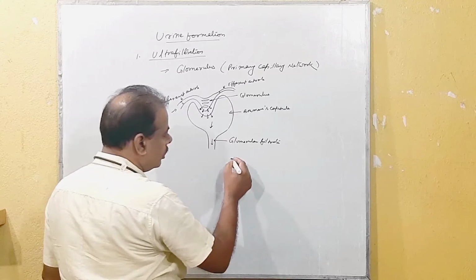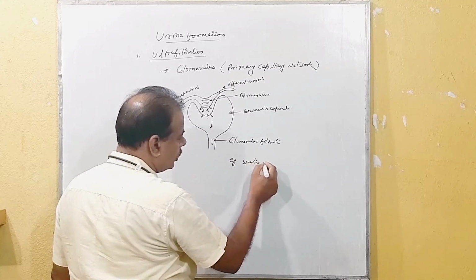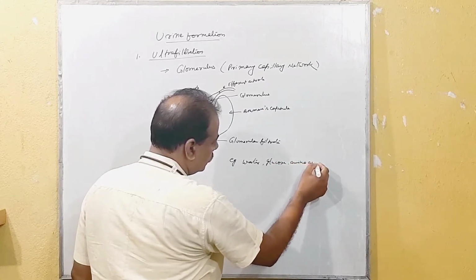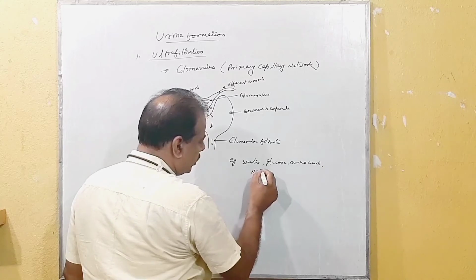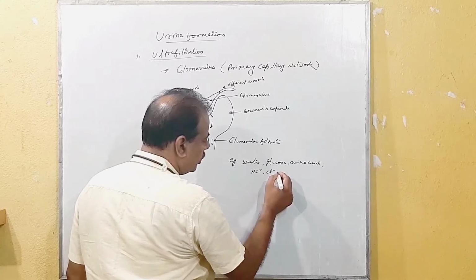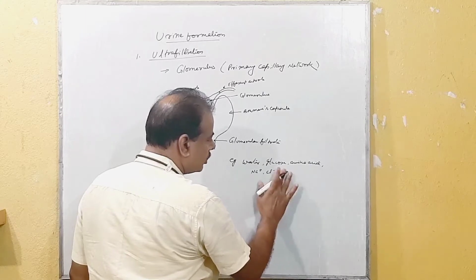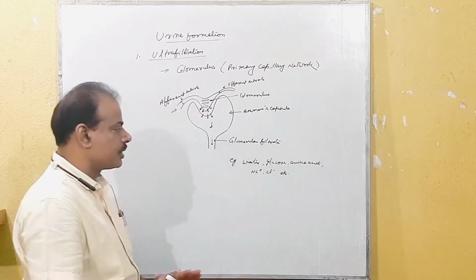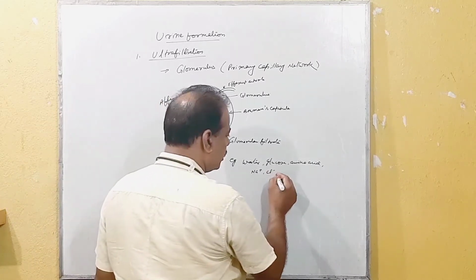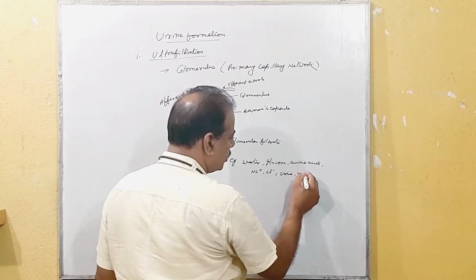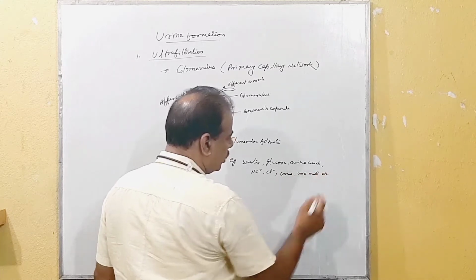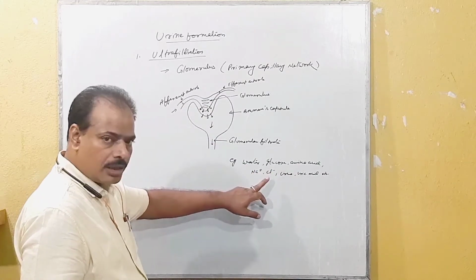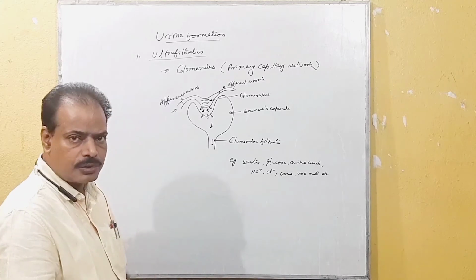For example, here it contains water, glucose, amino acids, sodium ions, chloride ions, salts such as NaCl, KCl, etc. So a number of substances may be present here. Again here, urea, uric acid, etc. So here we can see water, glucose, amino acids, sodium ions, chloride ions. These are useful.